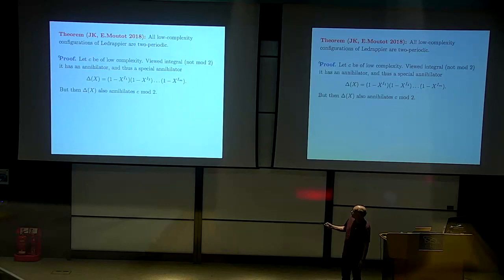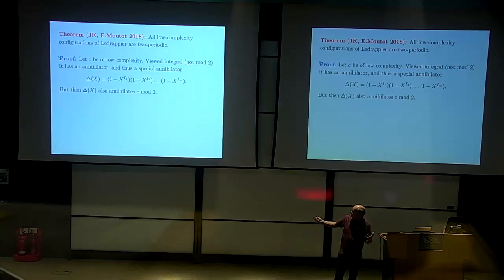So let's take a low complexity configuration from Ledrappier and now view it as a 0-1 configuration over integers. Don't take modulo 2. Just view it as a configuration of 0s and 1s. It's low complexity, so you know it has an annihilator, and in particular we know that it has this particular type of annihilator as an integer configuration.